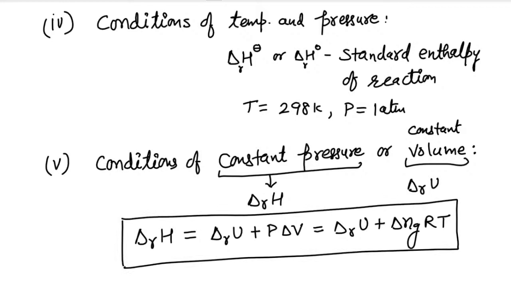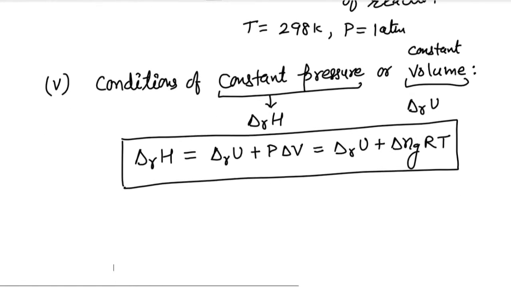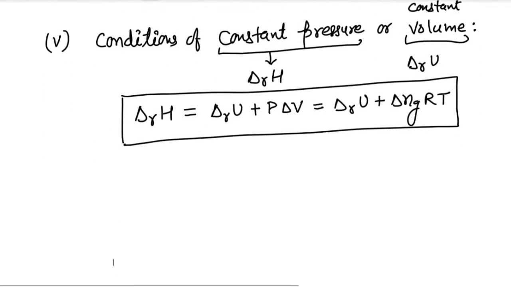So conditions of constant pressure or constant volume also affect the heat of the reaction. Okay. So these are the 5 factors. First is physical state of reactant and product. Second is quantities of the reactants. Third is allotropic modifications of reactants, fourth is conditions of temperature and pressure, and fifth is conditions of constant pressure or constant volume.